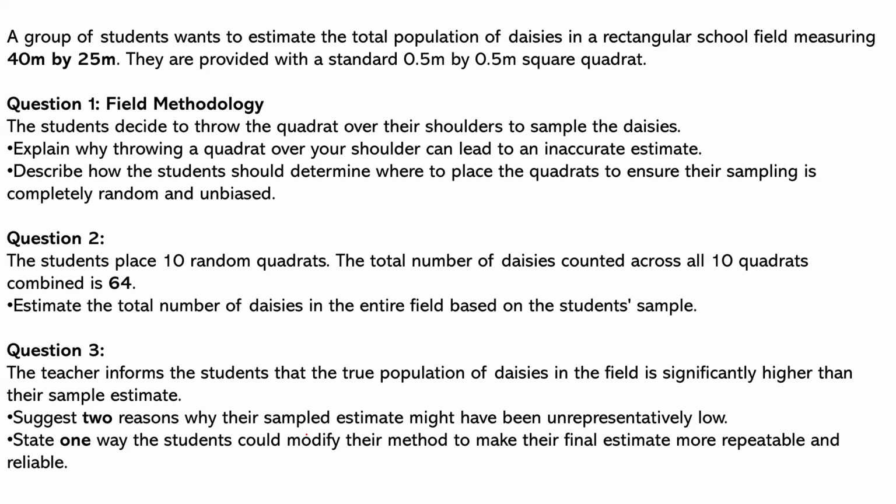So the reasons why your answer could be wrong, the main ones are the sample size is too small, you might miscalculate, and also the random generator may well not give you random enough answers. And the final one is to state one way the student could modify the results to make their final estimate more repeatable and stable: increase the number of samples.